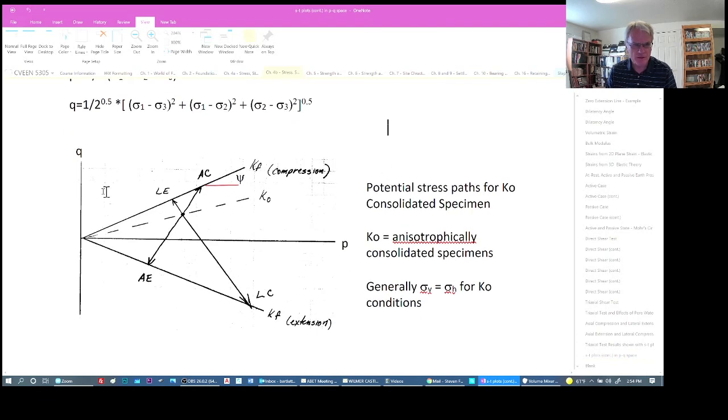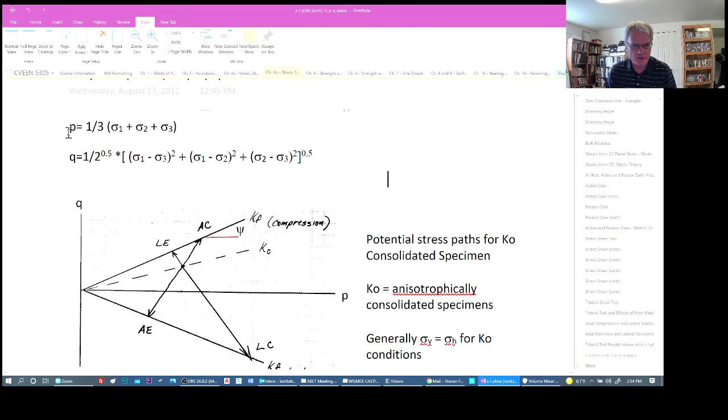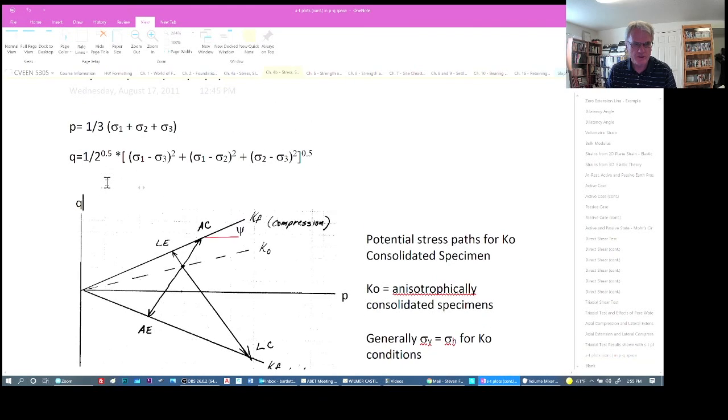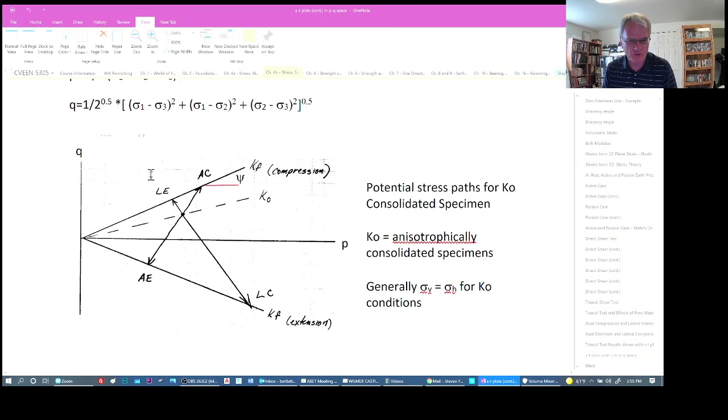we can plot in PQ space, and here's P described, which is just the mean principal stresses, sigma 1 plus sigma 2 plus sigma 3 divided by 3, where this is the deviatoric stress, squared, take the square root of it. And I think we just times it by 1/2, but I'll check that for you and fix that in my notes.